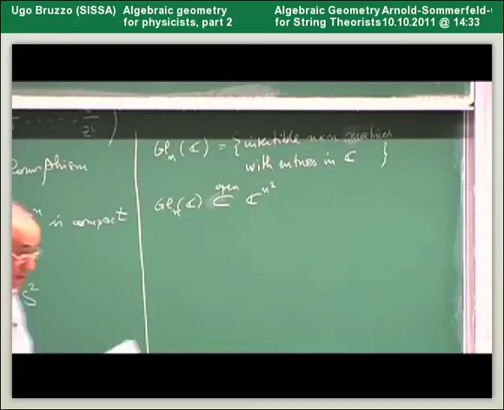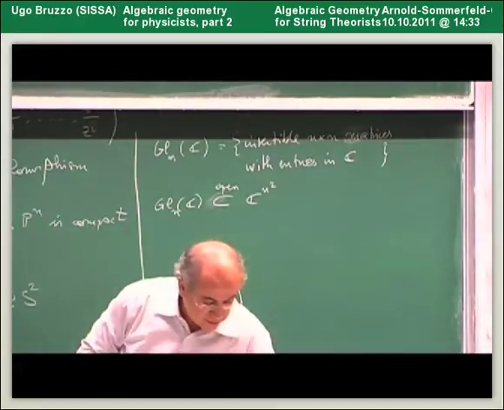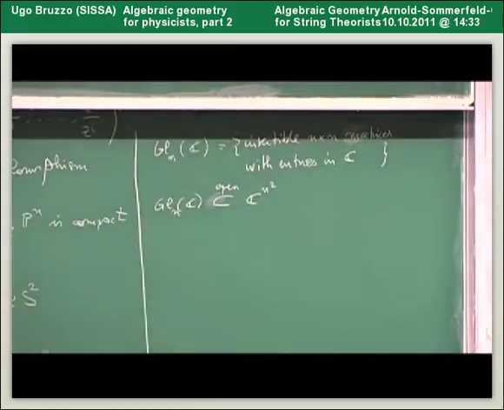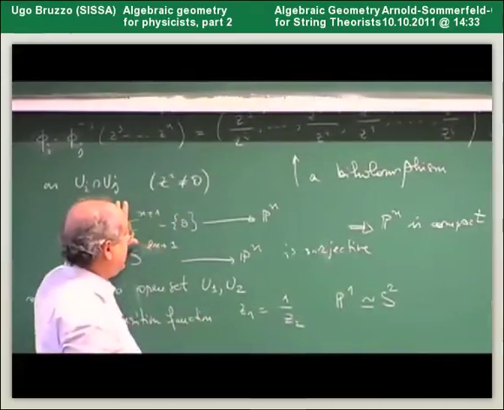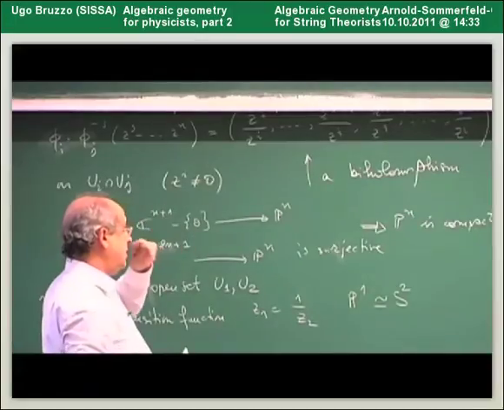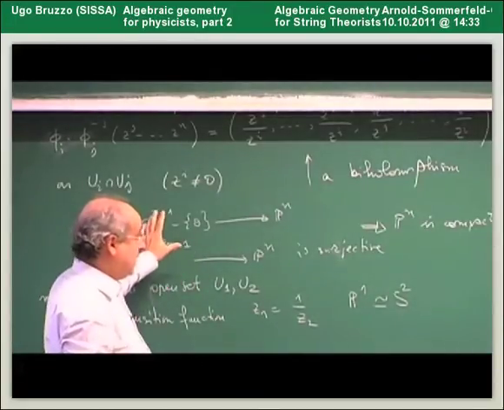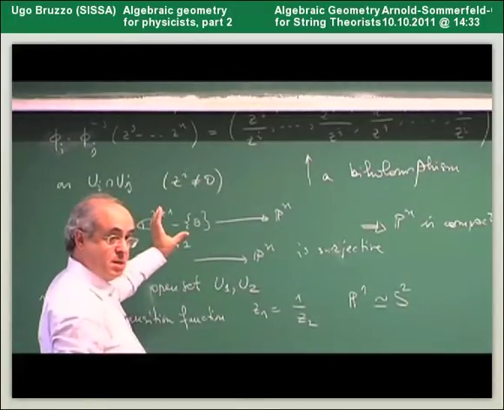And another interesting example, which I will let you work out, is a possible generalization of the notion of projective space. So as we were saying, projective n space is a space which parameterizes lines in C^(n+1).